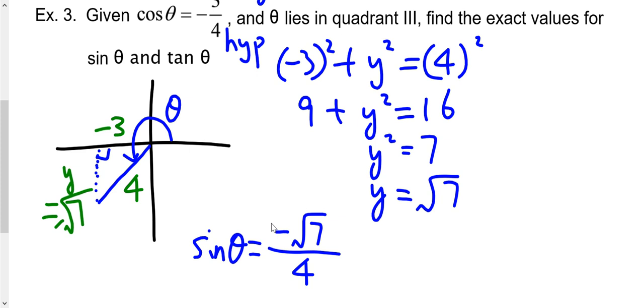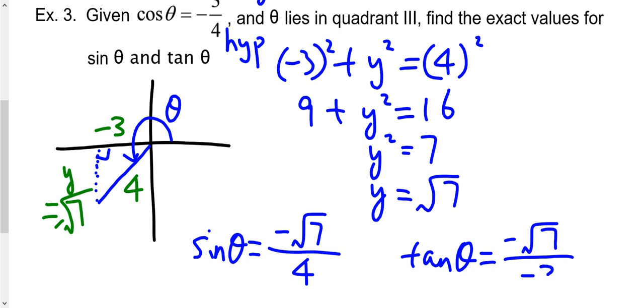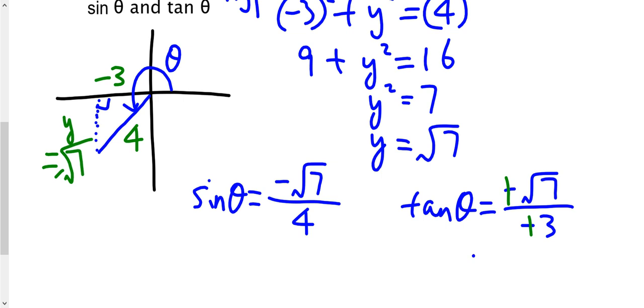Again, it doesn't matter where you put the negative sign, the top, the bottom, in front, they're the same. Last thing, tangent: opposite, negative root 7, and then adjacent, negative 3. The negatives cancel out, so that gives you root 7 over 3.